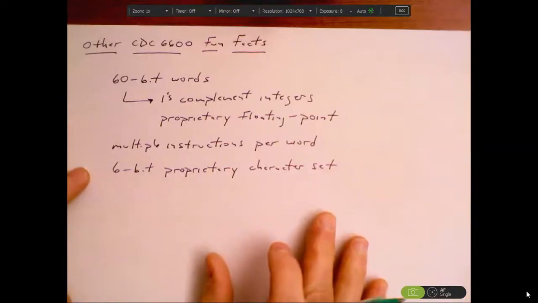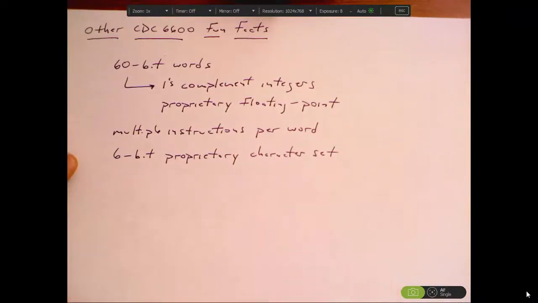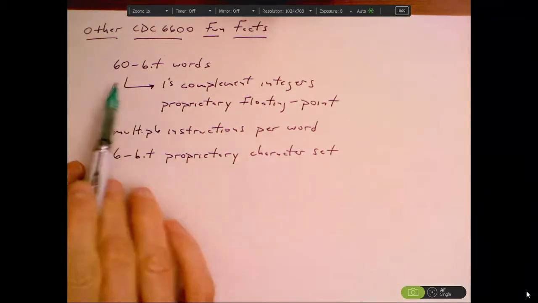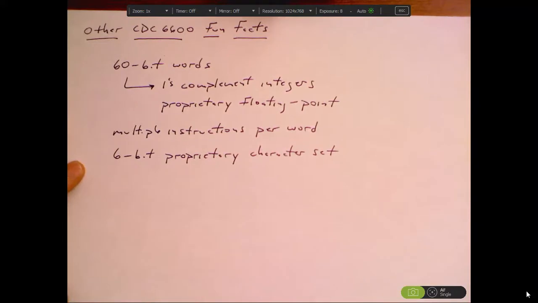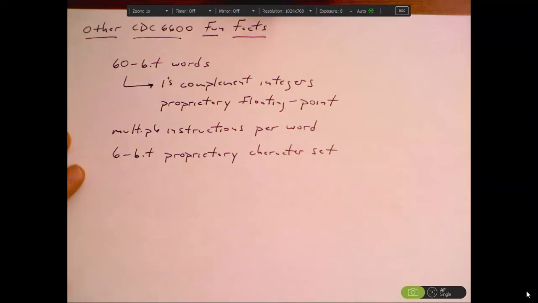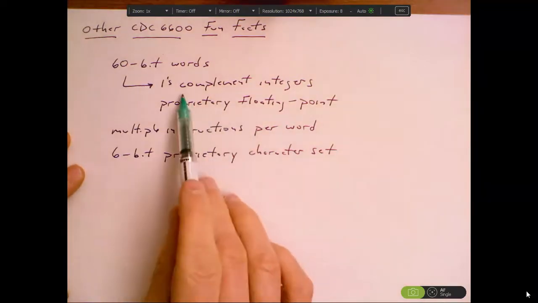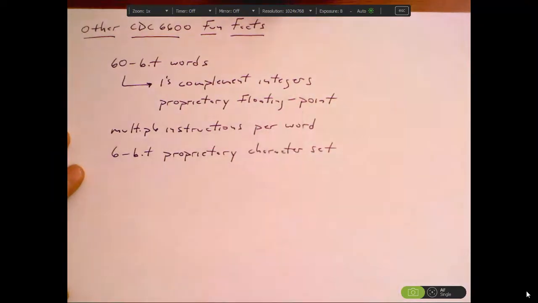Well, other CDC 6600 fun facts. Some of these I've mentioned before, but let me just point them out one more time. The machine had a memory of 60-bit words. Even in the 60s, it was still there primarily to compute floating point. They weren't worried about moving bytes around very much. So 60-bit words, and as I think I mentioned earlier, ones complement integers.